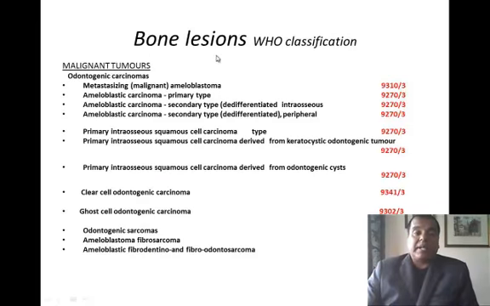As with any classification, there are also malignant tumours, which are the malignant varieties of the ameloblastomas, as well as primary intraosseous squamous cell carcinoma, which can arise from other lesions as well.